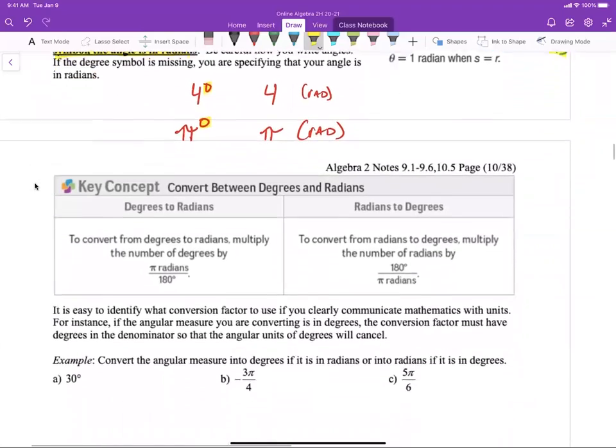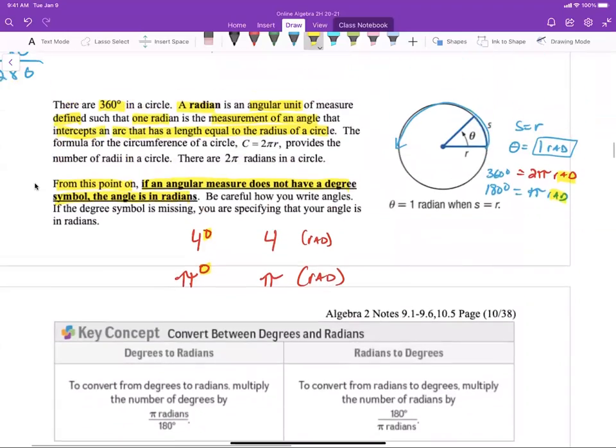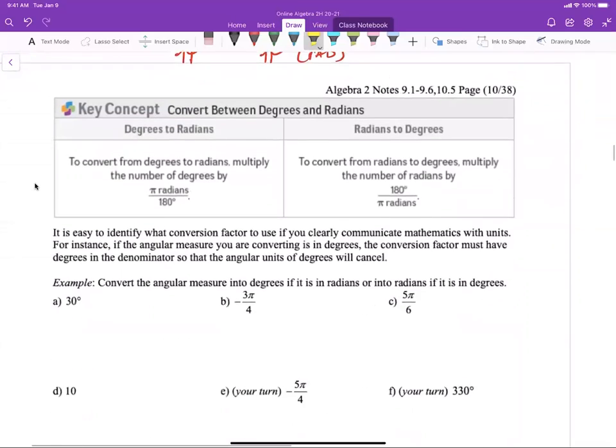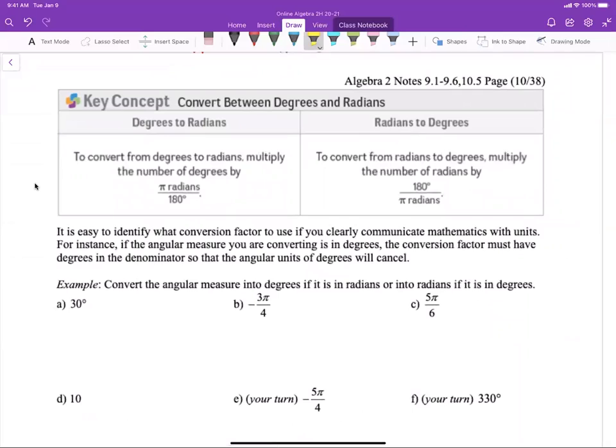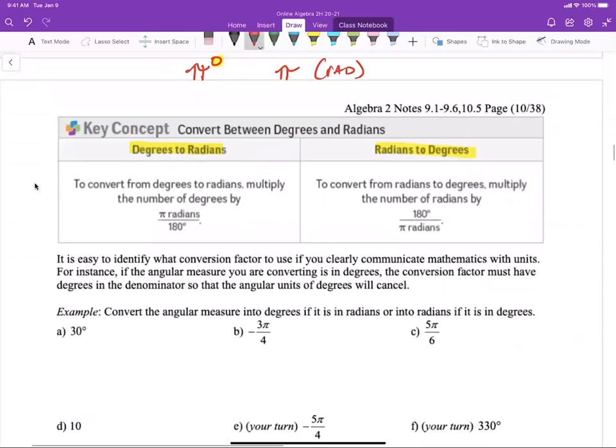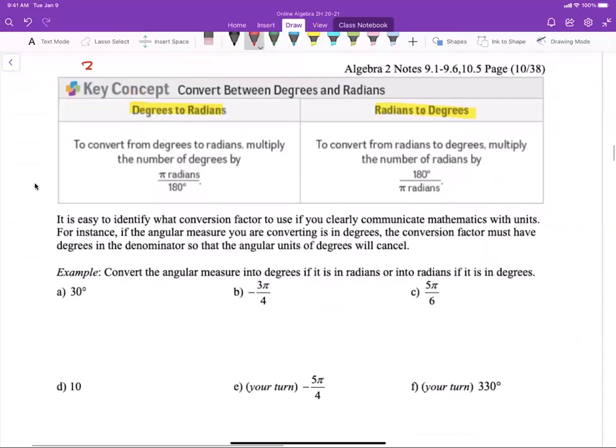All right, now we're going to have to get into conversion factors using these principles about radians and how many degrees equal a certain number of radians. So we have to learn how to convert from degrees to radians or radians to degrees. Now, I always have my physics students write on their board 360 degrees equals 2 pi radians, or 180 degrees equals pi radians.